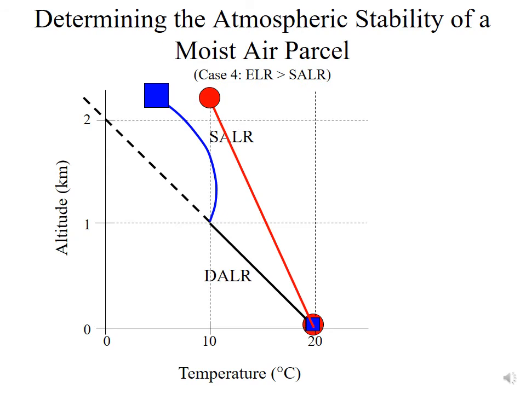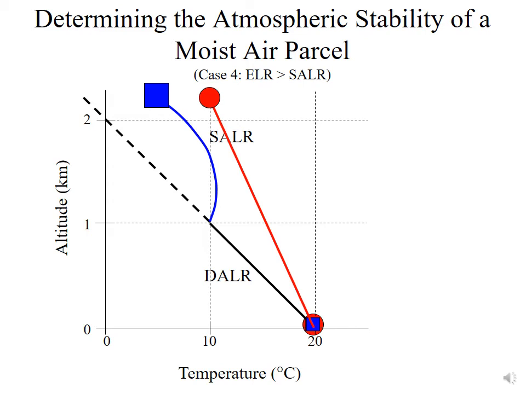And for case number 4, we have an environmental lapse rate that is shown here. Its temperature is only decreasing slightly with height. And in this situation, it doesn't matter whether the air parcel is below cloud base, below 1 kilometer, or above cloud base, above 1 kilometer.